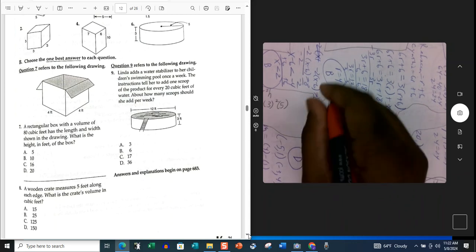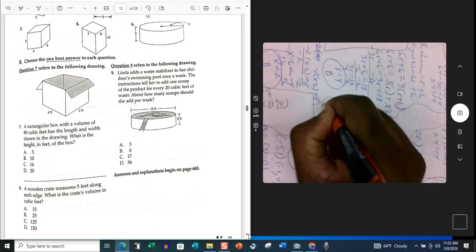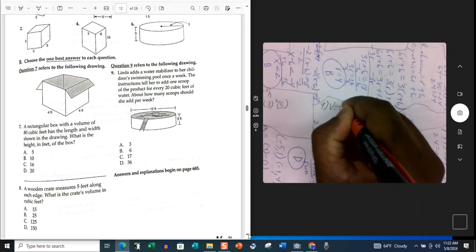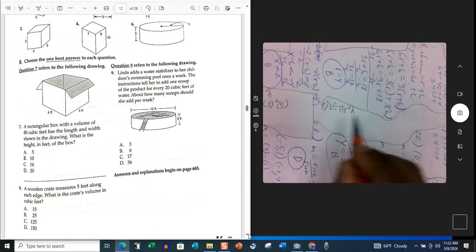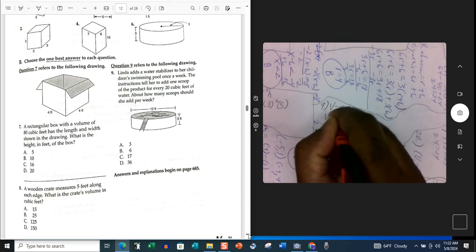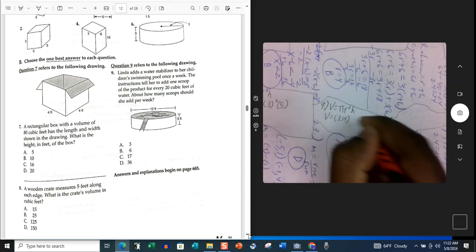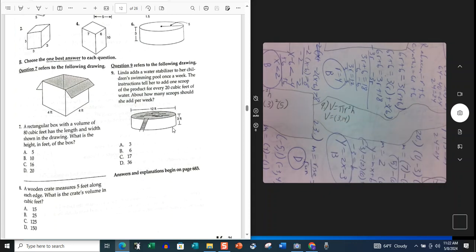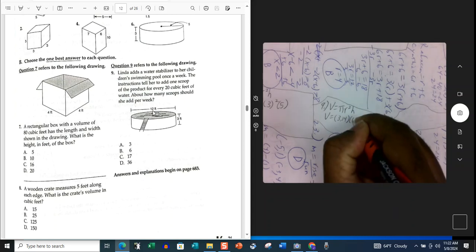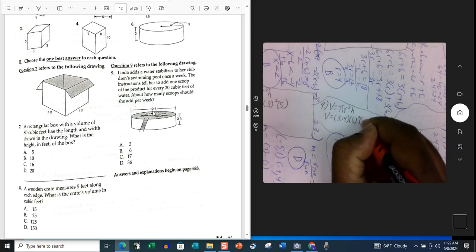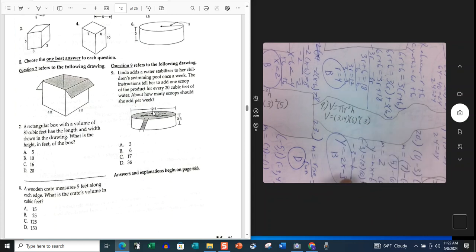The volume of the cylinder is pi radius squared height. So the volume is equal to pi, which is 3.14. The radius, remember this is the diameter, we'll take half of that, so the radius will be 6 and that's squared, and the height is 3.